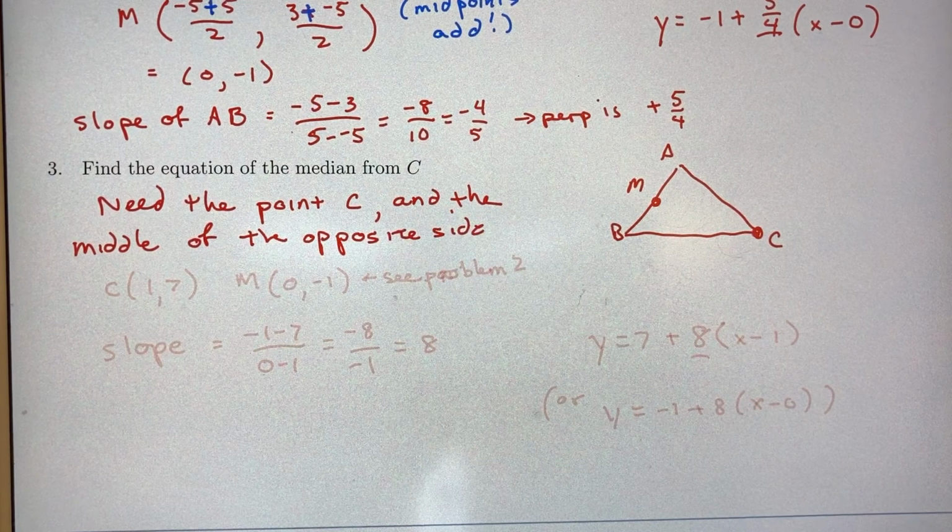Okay, so C is 1-7 from the top of the page. M we just found in part B.